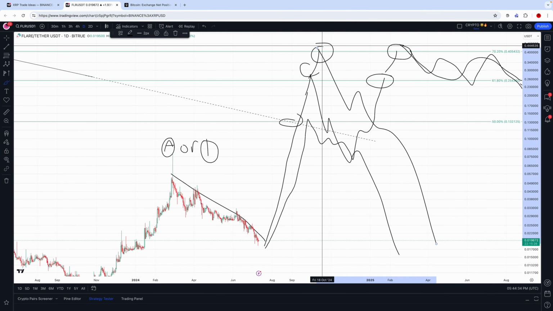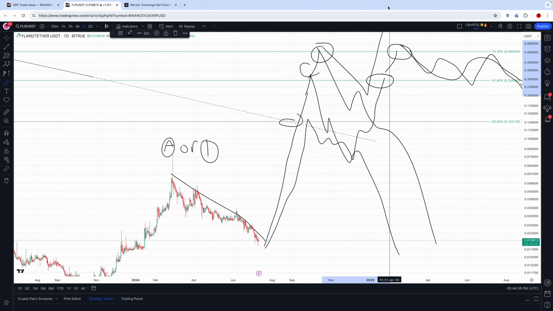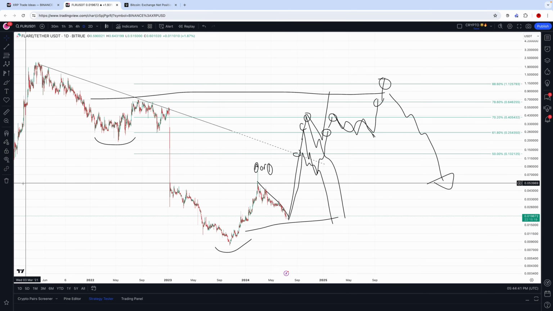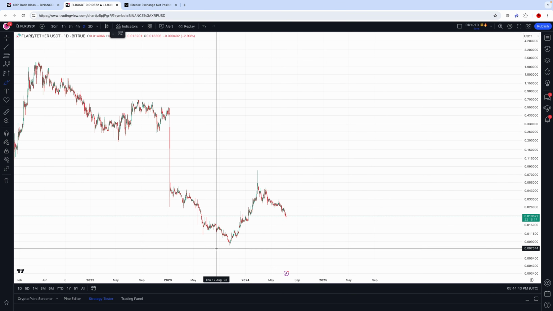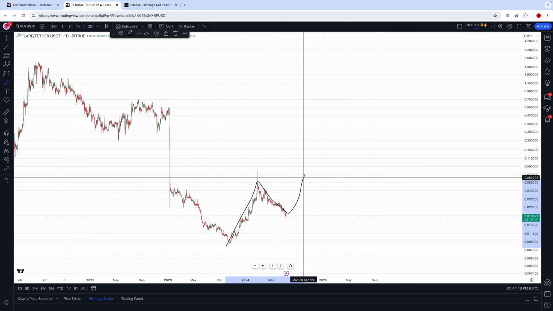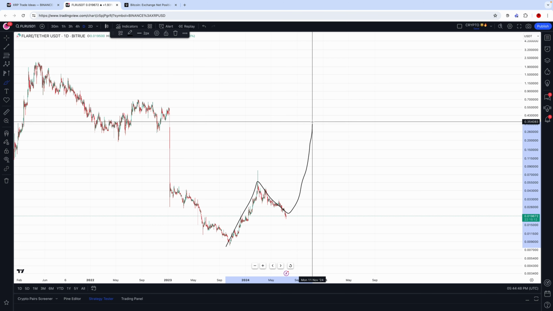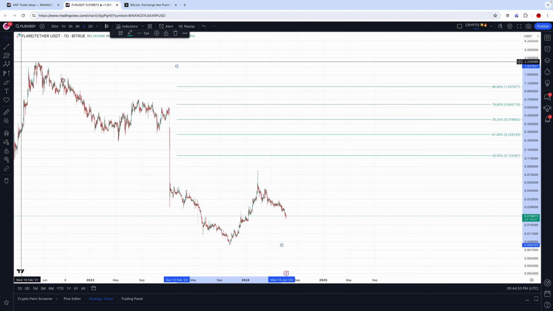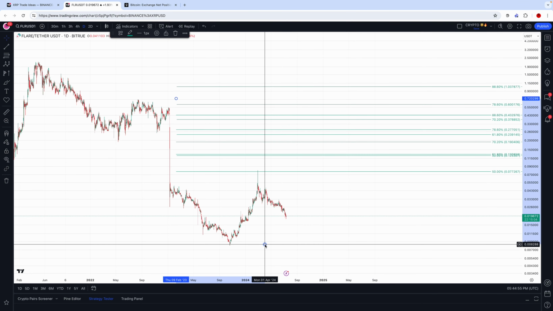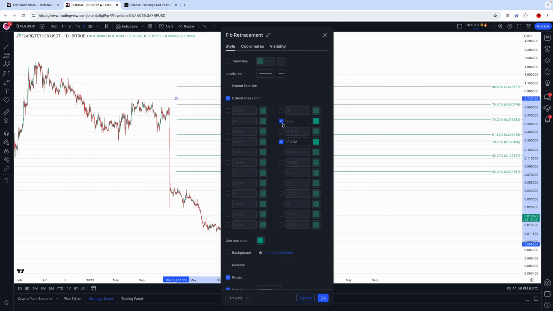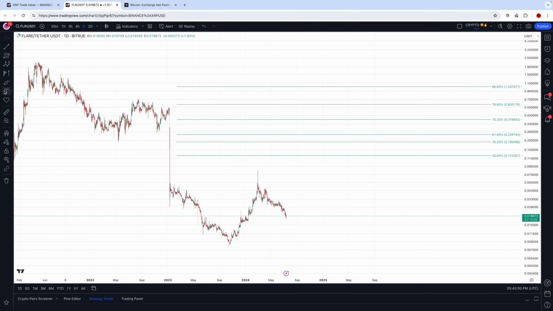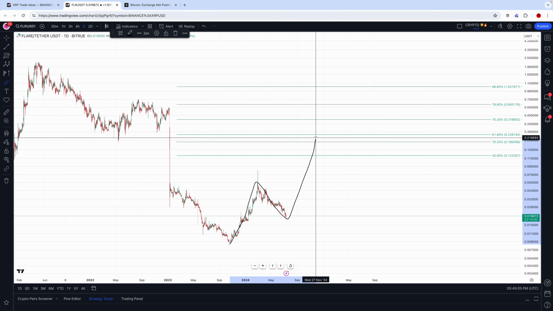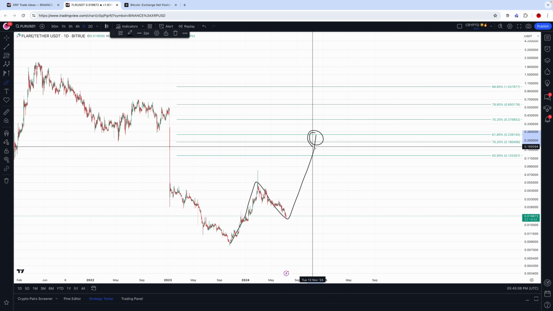But if it's a third wave, then we'll come down for a wave 4 and then continue to go up for your wave 5. Okay? So it'll look like this. So this is your A, B, and then your C wave.